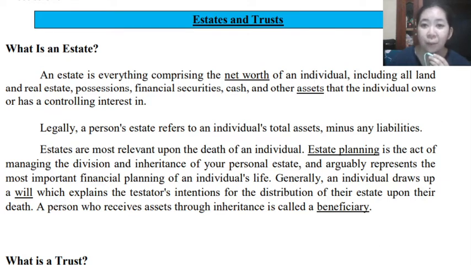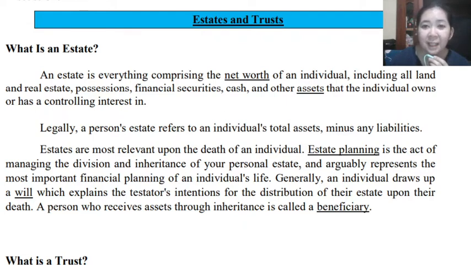This will include all the land and real estate, the person's possessions, financial securities, cash, and other assets that the individual owns or has the control or controlling interest thereof. Legally, a person's estate is his total assets minus liabilities, or net worth, or what we call equity.